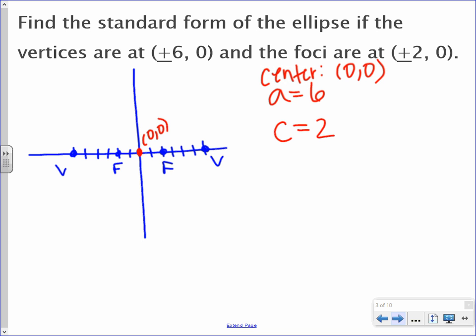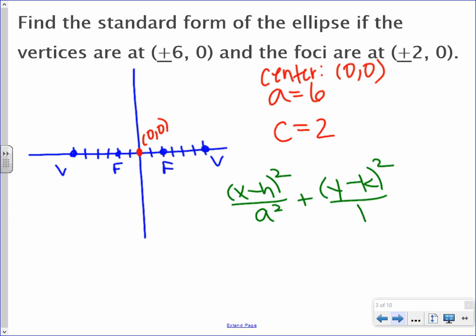So before I go back to what Hannah was trying to tell us, I'm going to go ahead and write down our horizontal ellipse formula. We know that our center is at 0, 0.